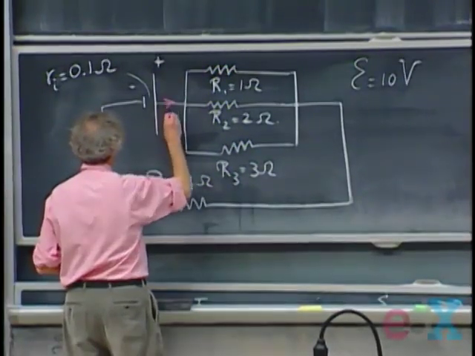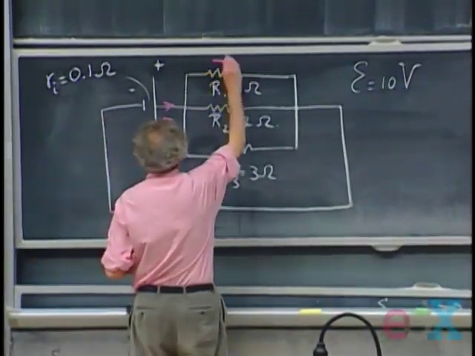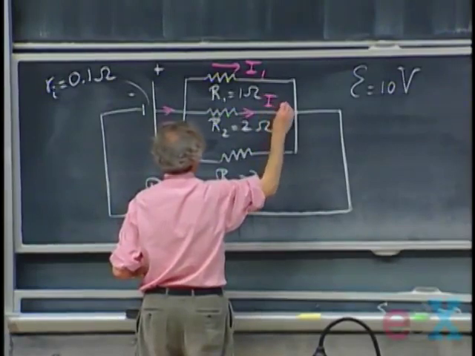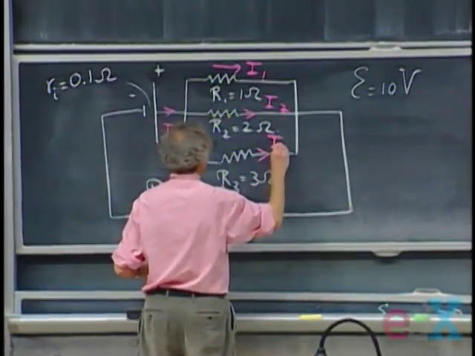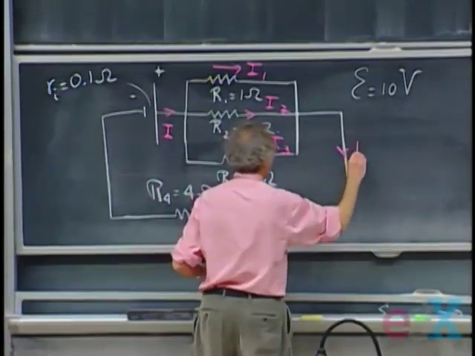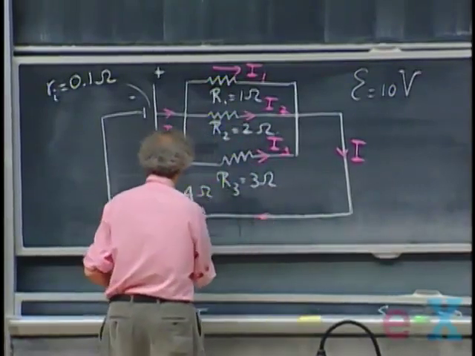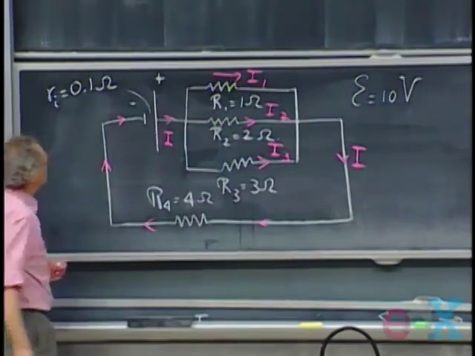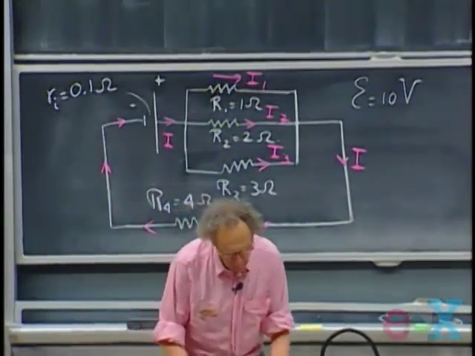We're going to get a current I here. Through here you get I1. Through here you get I2. Through here you get I3. I comes out here. I go through here, through the fourth, come back, and I go through the battery. So what is I?